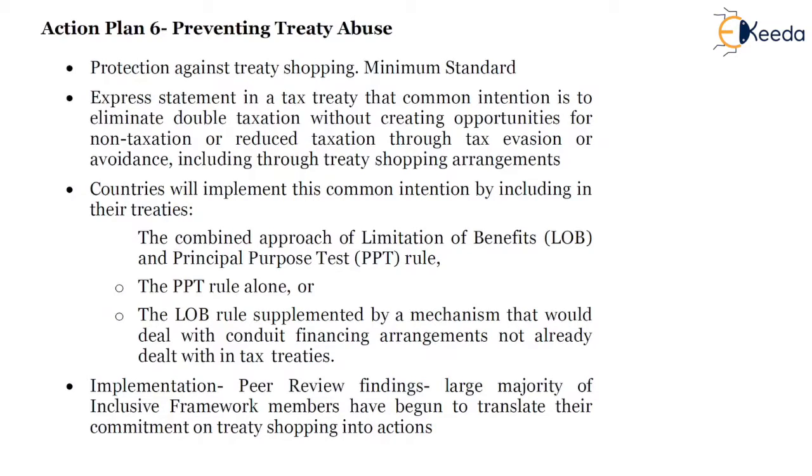So benefit will be available from treaty to treaty, and companies, instead of opting for plain vanilla transaction, they are going for a structured transaction, and the only intention behind that is to obtain treaty benefit.